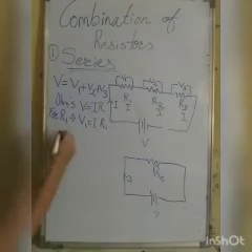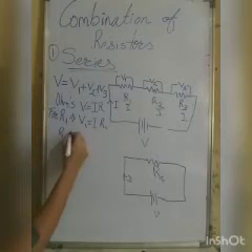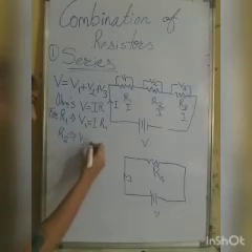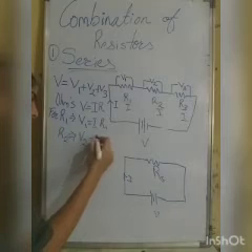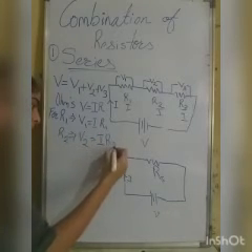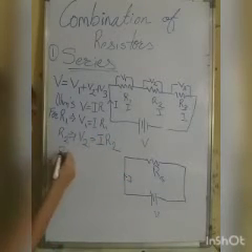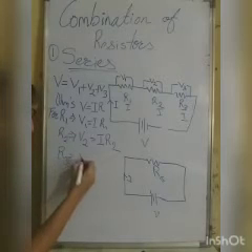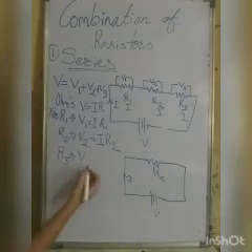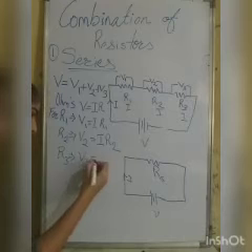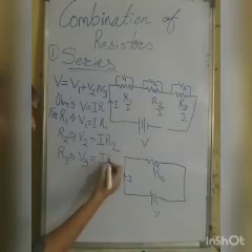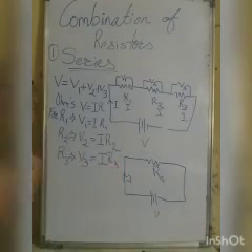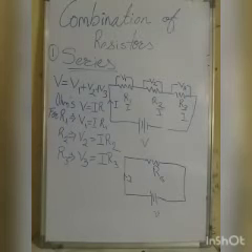Similarly for R2, V2 equals I R2. For R3, V3 equals I R3.